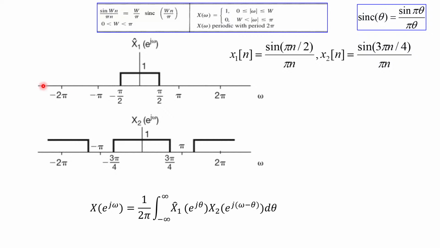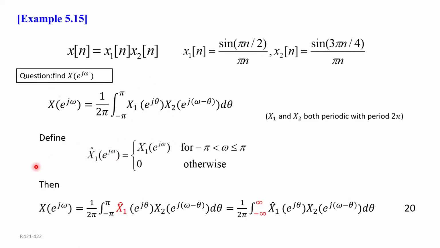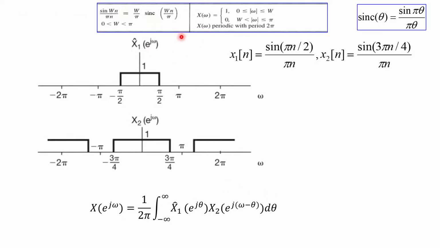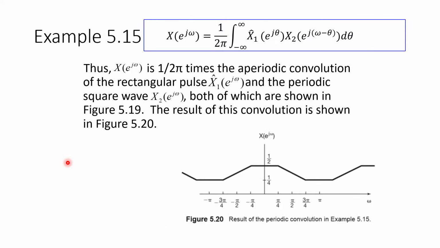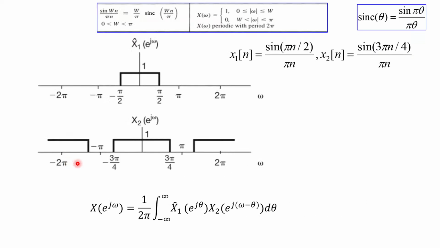And now instead of this convolution only over a period, you can have a real convolution from minus infinity to infinity. Okay. So now you can just think what's the convolution of this x1 hat with x2. And here, okay, we skip a little bit. Also skip the sinc relationship, which just gives us a formula here.